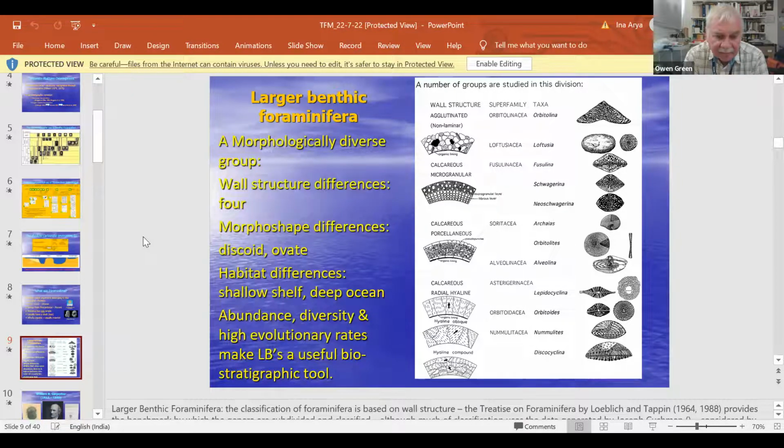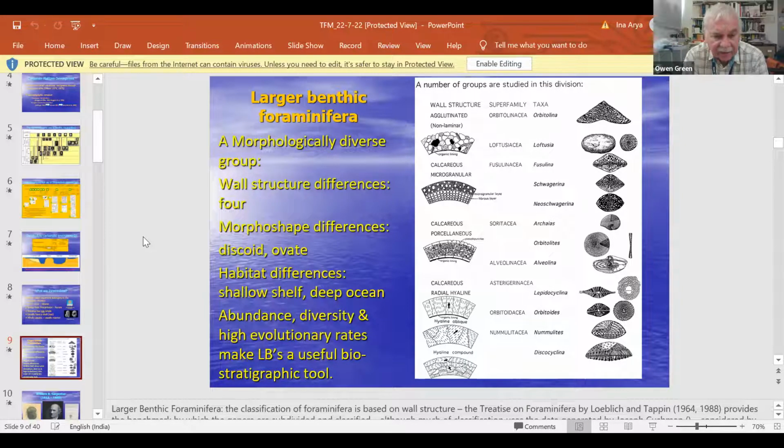They can have different morphological shapes: discoid, ovate, or fusiform, in other words, long cigar-shaped. And what I've shown on the little diagram on the right is that they're not all having a calcareous wall. Some of them can be agglutinated.